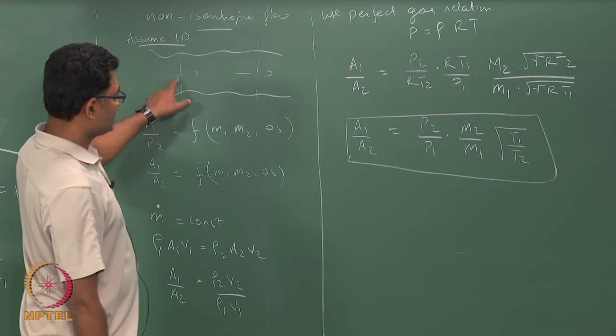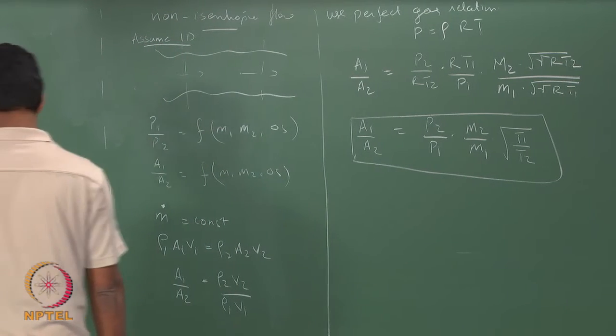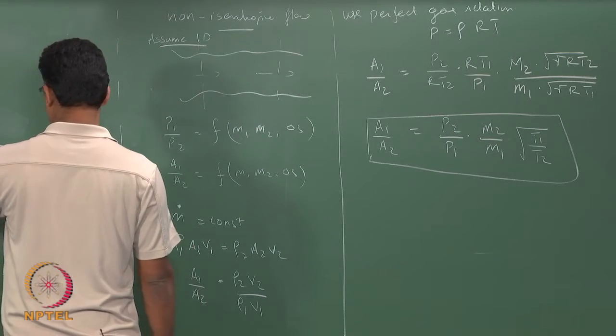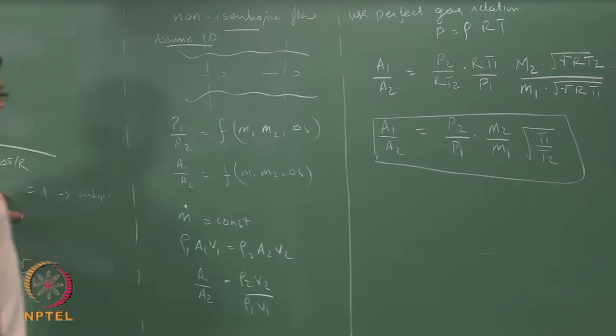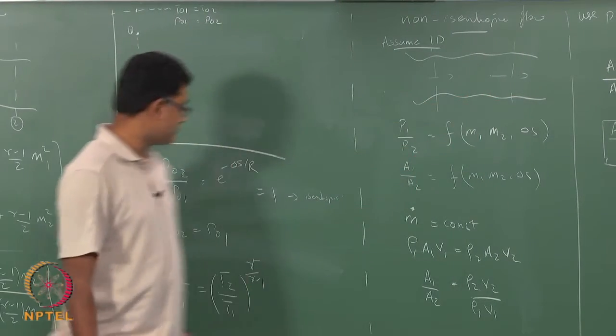So, between the process P1 and P2, I have this. There is an entropy change between location 1 and 2.